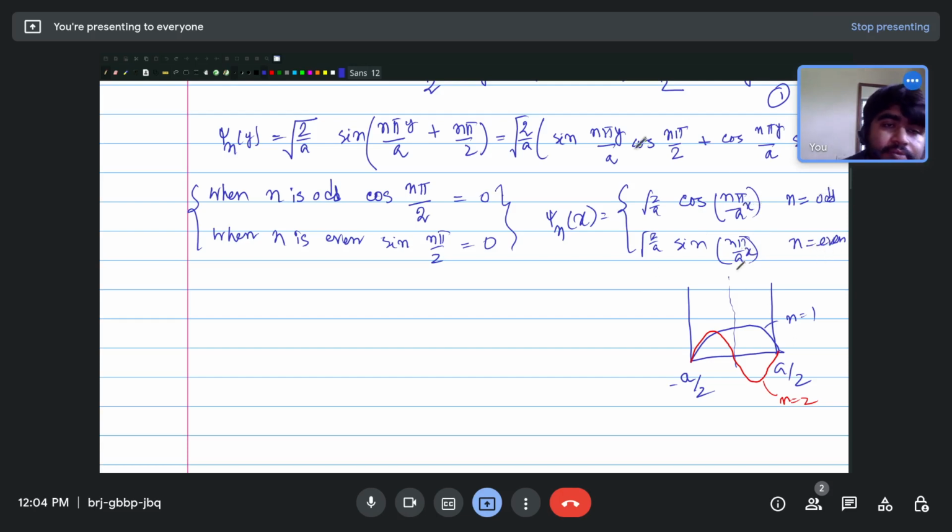So you can clearly calculate the x averages. The x average for all of these will become 0, from the symmetry of the wave function.